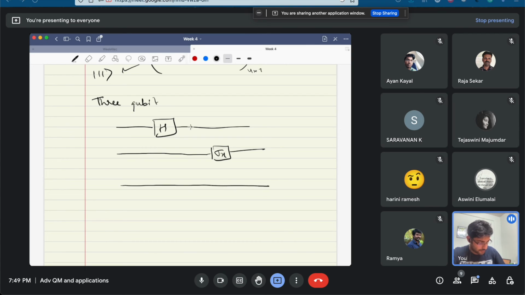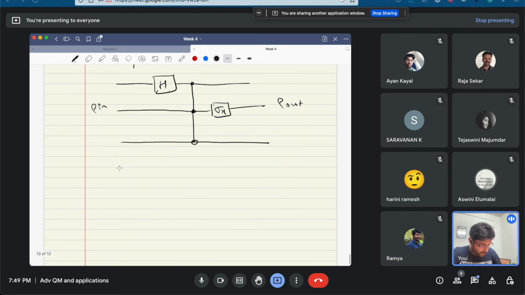So now this contains a double C naught gate. Let me briefly tell what that means. Okay, so we have a row in and a row out. Now a double C naught gate usually means that both have to agree to make it flip. So whenever these two are 1, only then this bit flips.